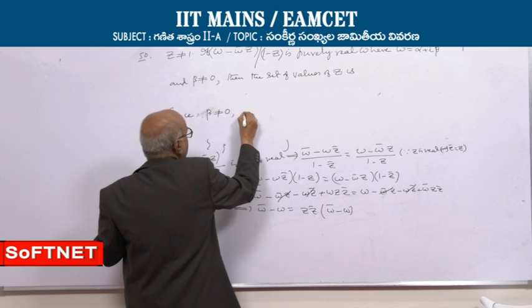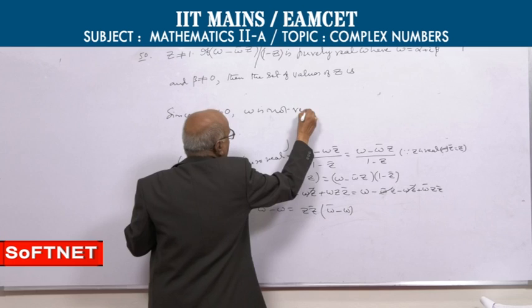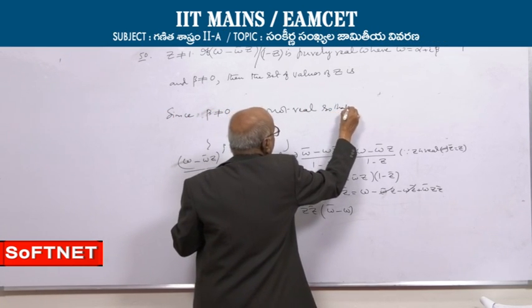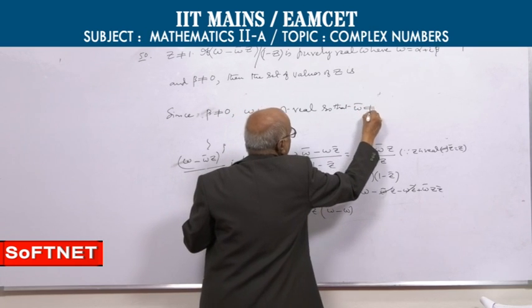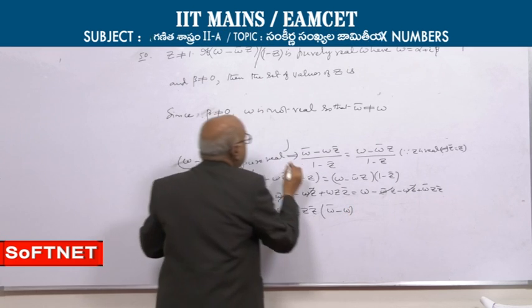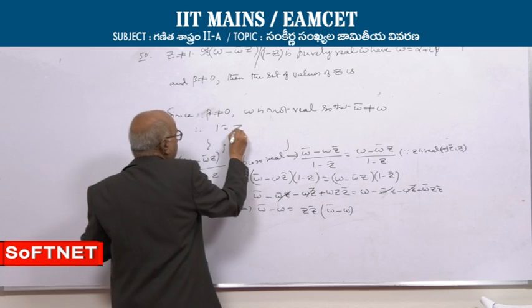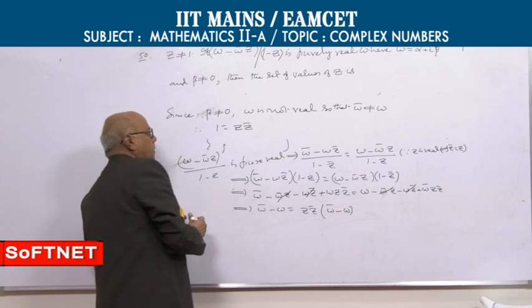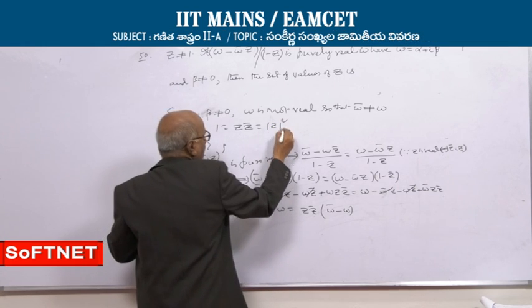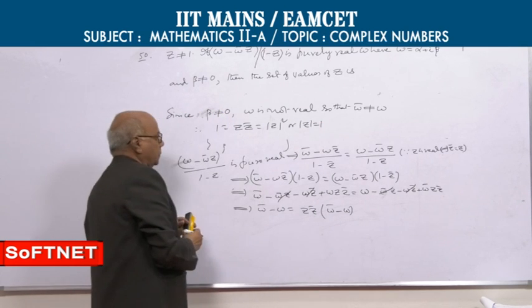Therefore, you can cancel ω̄ − ω, and what you get is 1 = z̄, which gives |z| = 1.